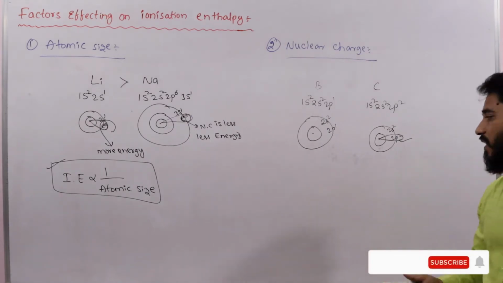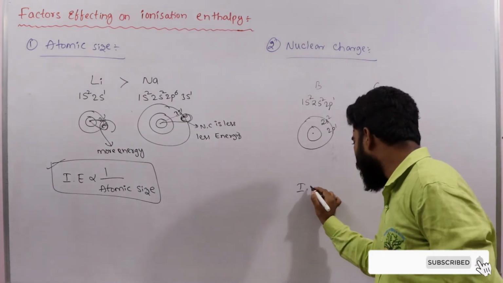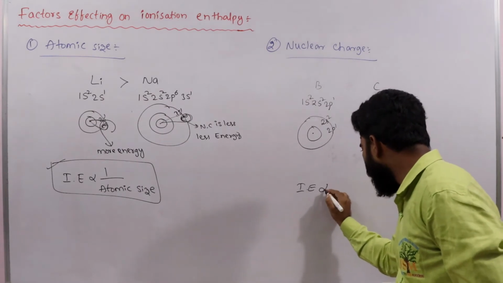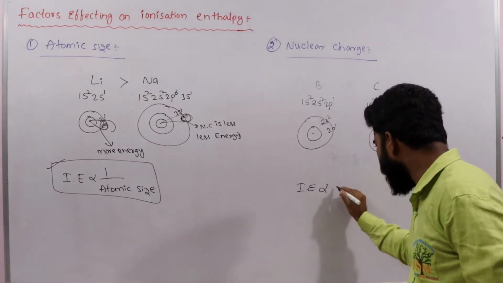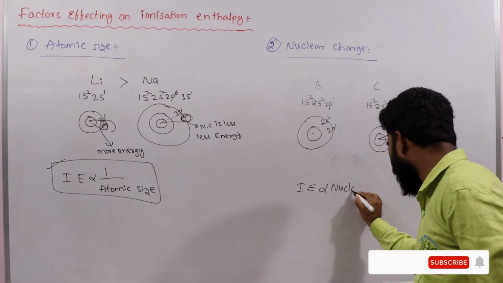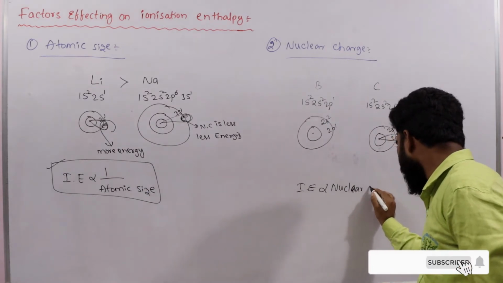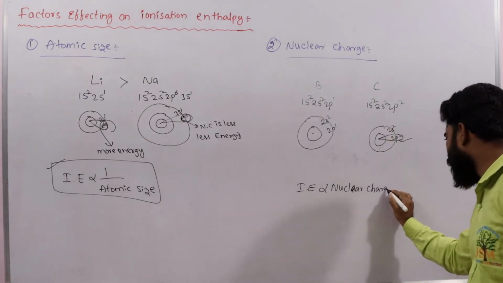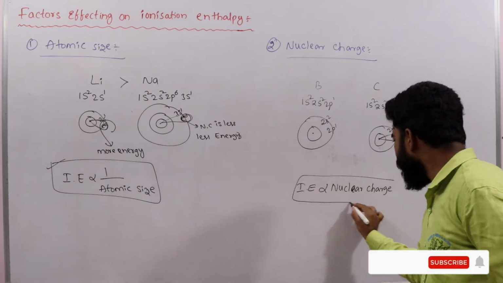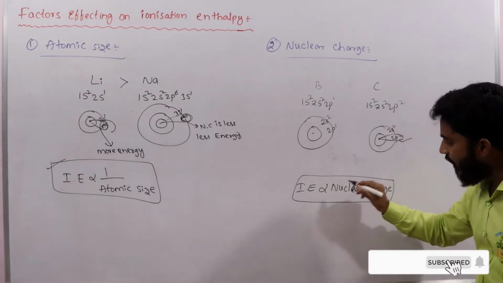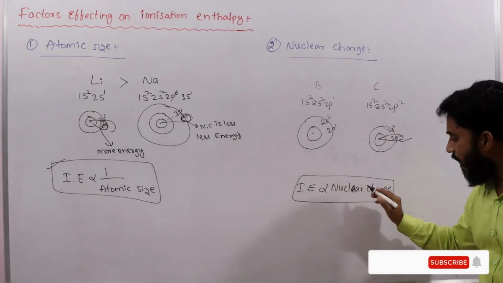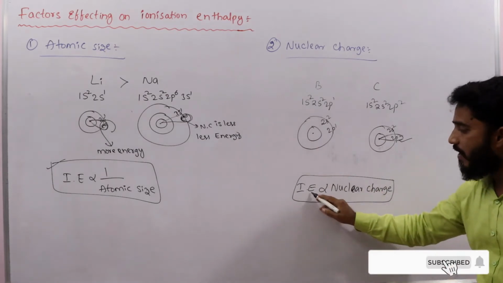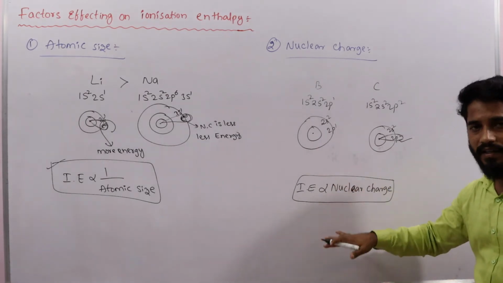So ionization enthalpy is directly proportional to nuclear charge. As nuclear charge increases, ionization enthalpy increases. As nuclear charge decreases, ionization enthalpy decreases.